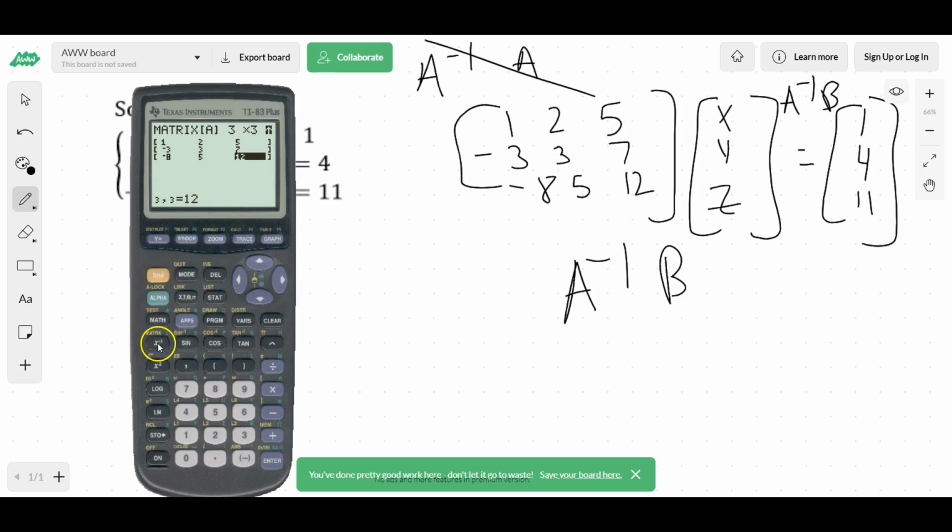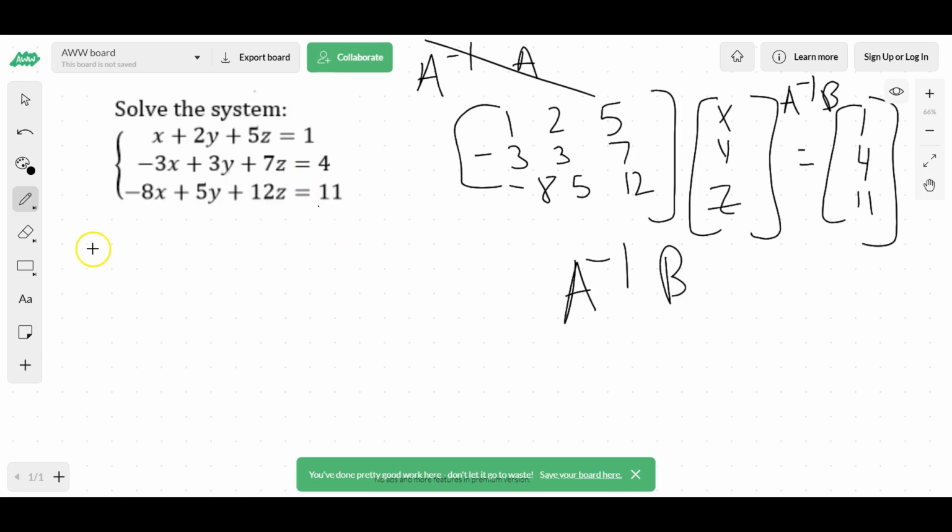And then we'll hit second matrix again, and now go to B, and we'll go a 3 by 1, I'll have 1, 4, 11, and then we're going to quit. Then I would like to take matrix A and inverse it, and then take matrix B and multiply it, and we will see that our answers would be negative 1, negative 9, and 4. So the answers to this would be x equals negative 1, y equals negative 9, and z equals 4.